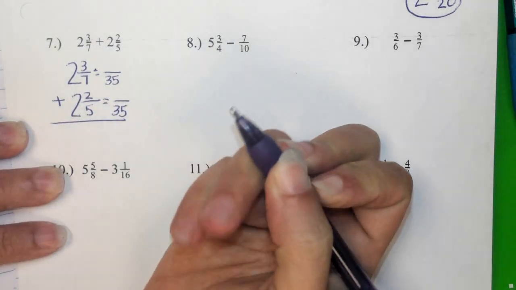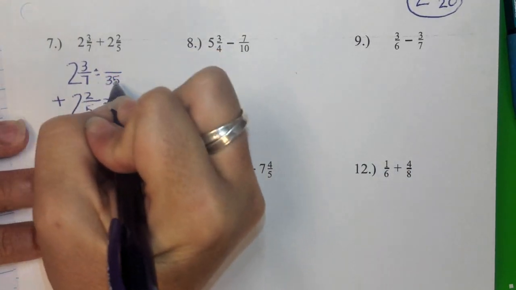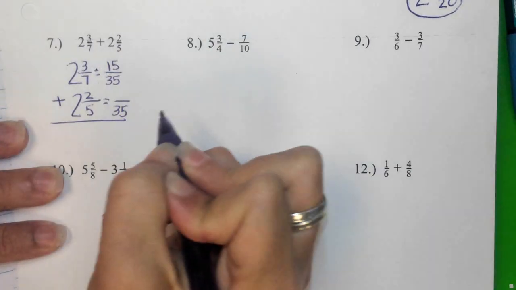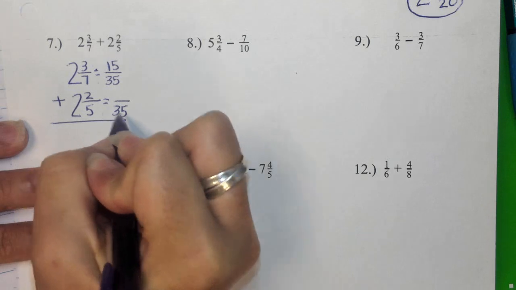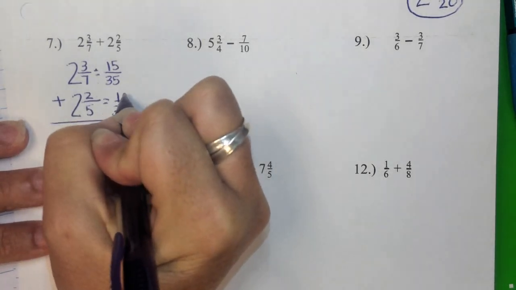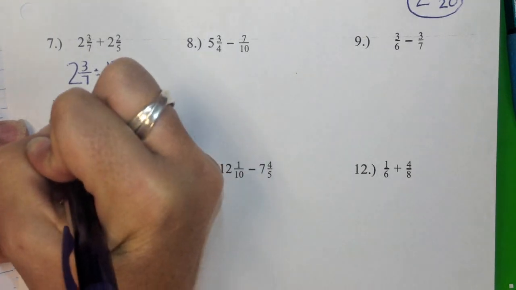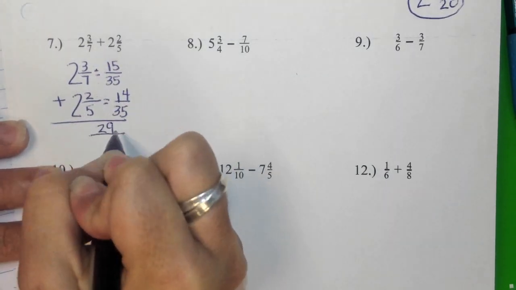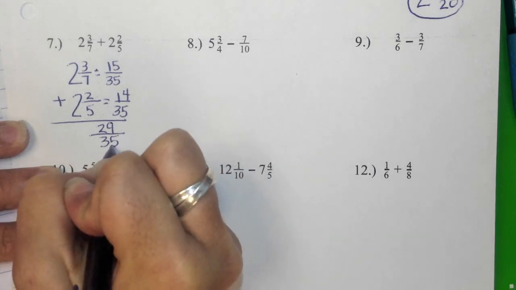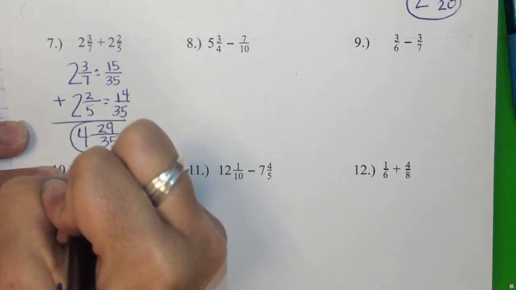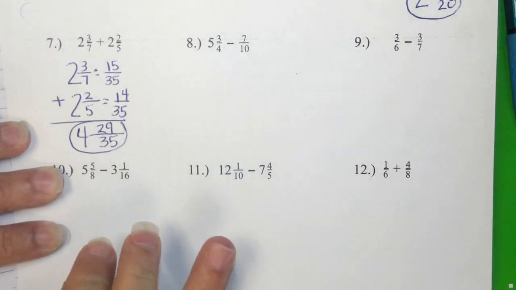Kind of weird numbers, but it works. 7 times 5 is 35. 3 times 5 is 15. 5 times 7 is 35. 2 times 7 is 14. If I'm adding, I get 29 over 35, and 2 plus 2 is 4. And it does not simplify, so that's kind of nice.